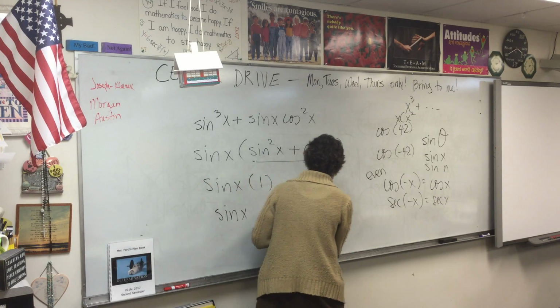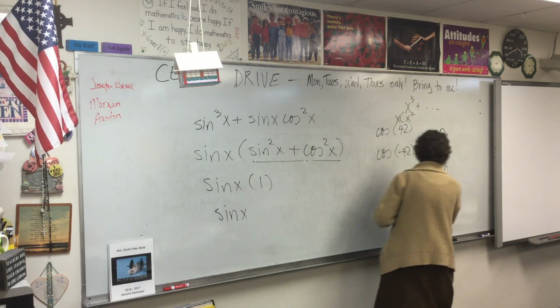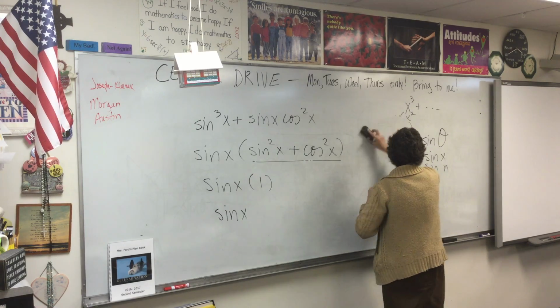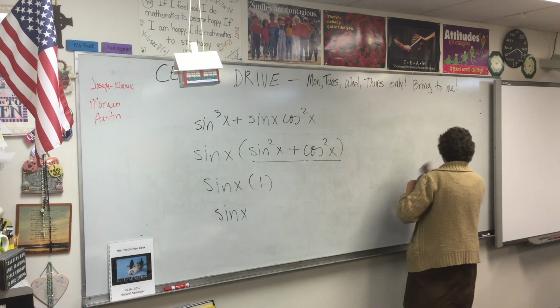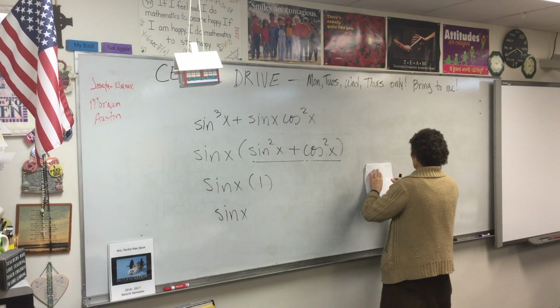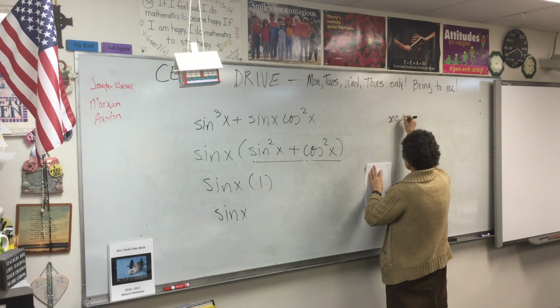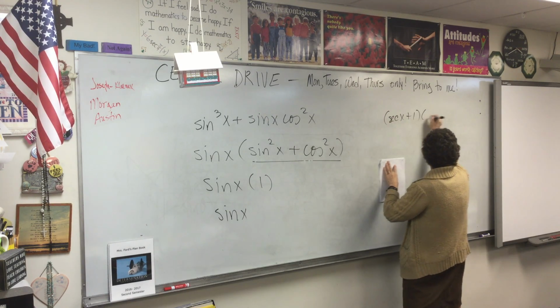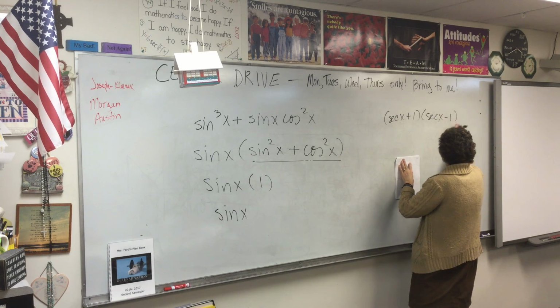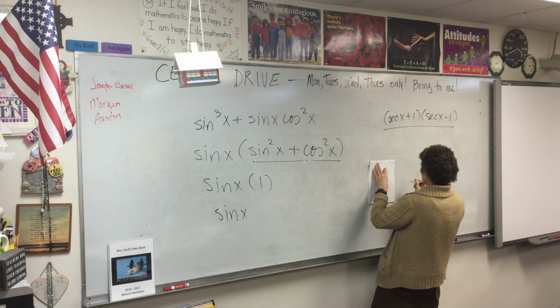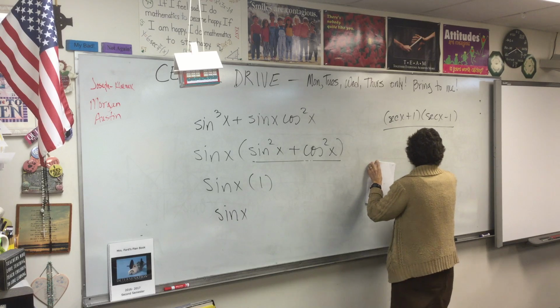I can't read this one very well. All right, the next one says secant plus 1, secant minus 1, over sine squared.